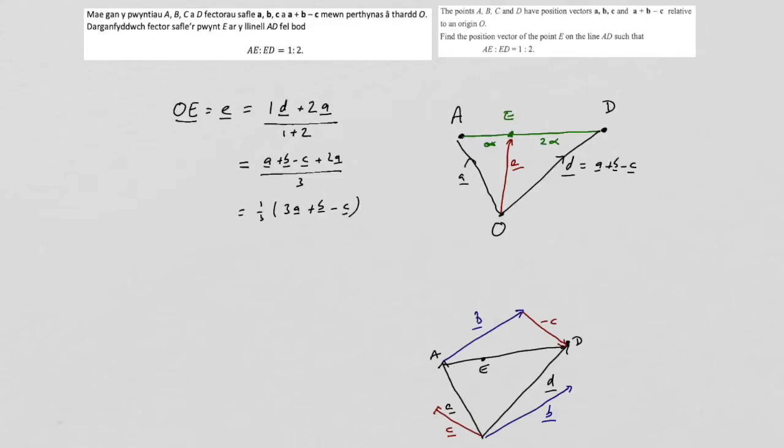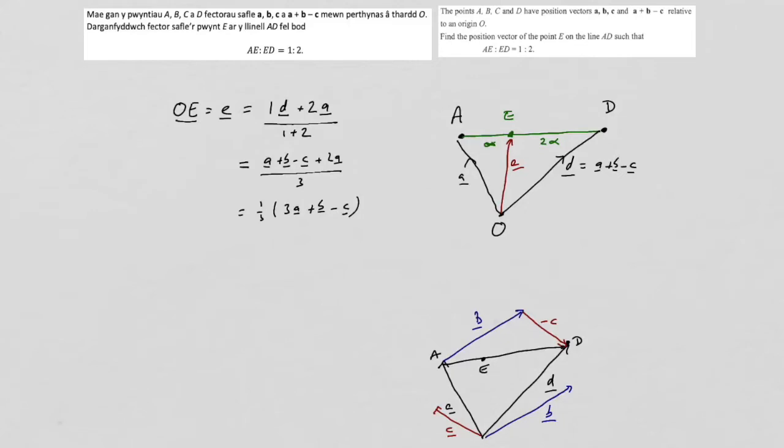Now, in order to check a question like this, it's very, very difficult. Whether you'd ever have time in an exam is debatable, but I will show you how, just in case, and in case you're interested.